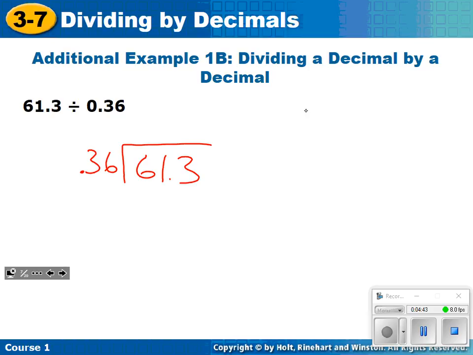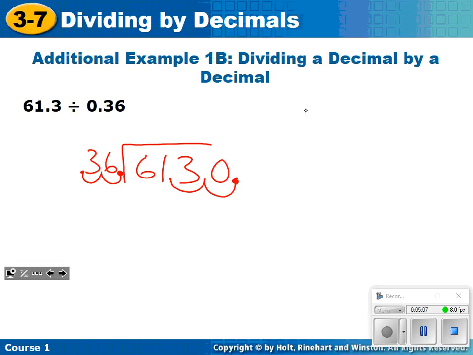We'll move the decimal over 1, 2 spots there in the divisor. Step number 2, you want to move the dividend's decimal over the same number of times. So this one moves over 1, 2 spots. And add a placeholder.